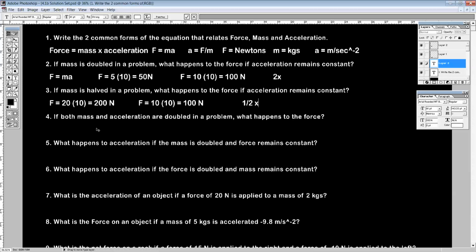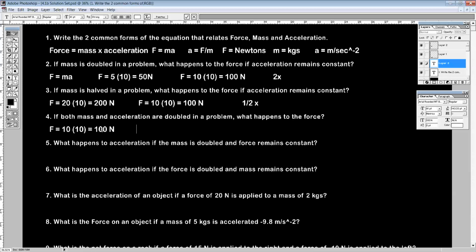All right, now this one's not quite as intuitive. If both mass and acceleration are doubled in a problem, what happens to the force? Okay, let's start with our 10 by 10 here. Again, those are pretty easy numbers to work with. So we've got our 100 newtons again.